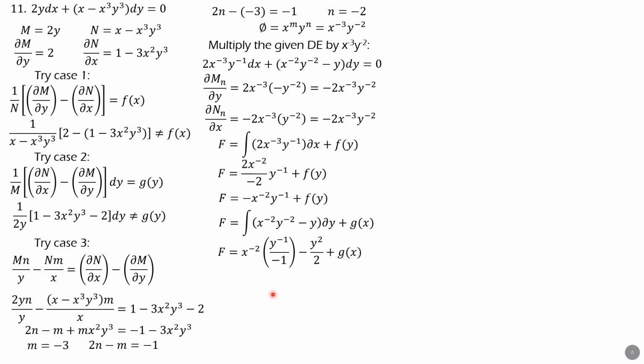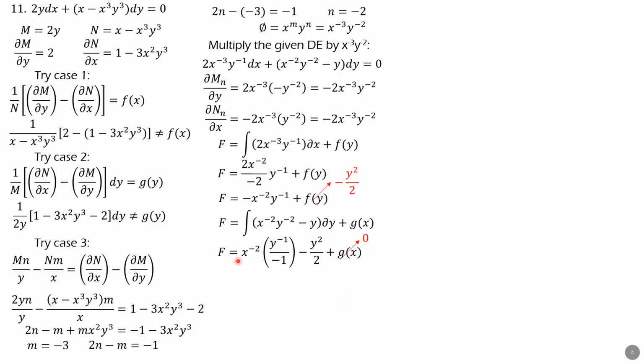So simplifying, this is negative x to the negative 2, y to the negative 1 minus y squared over 2. So because this is a function of y, we conclude that f of y is y squared over 2, and there's no function in terms of x alone. So g of x is 0 for this case.